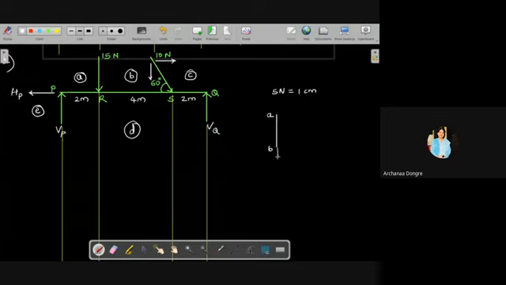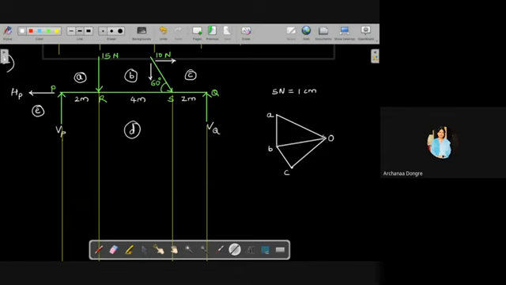Then B to C, sorry, it is an inclined line now, so we have to draw the parallel to that. B to C is 2 centimeter, since it's 10 Newton. Then any reference point O we have taken. C to D we are not drawing now because we don't know the reaction. Now just connect all these points.